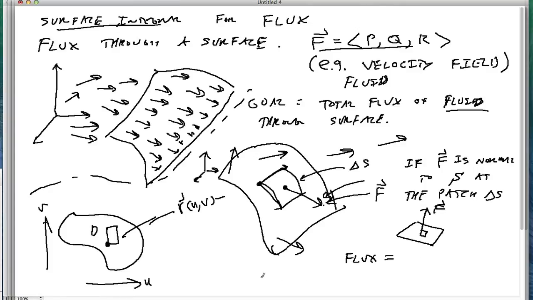So for a fluid, if F is a velocity field, then we can think of it as meters over seconds. To just give a concrete example, right? So those are the units.